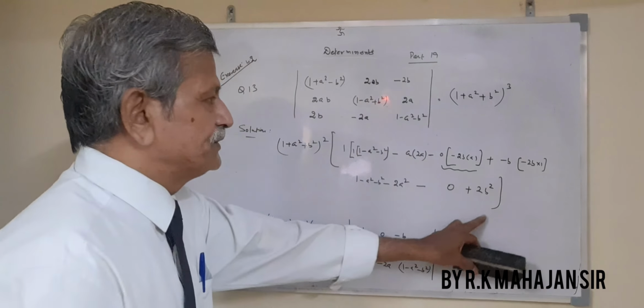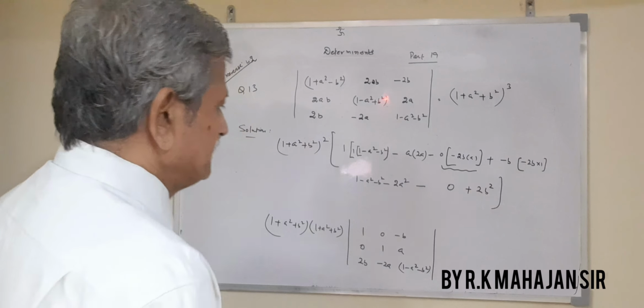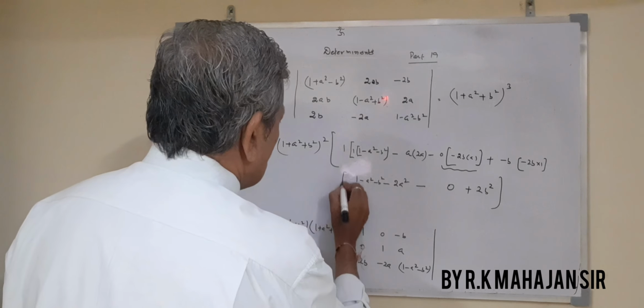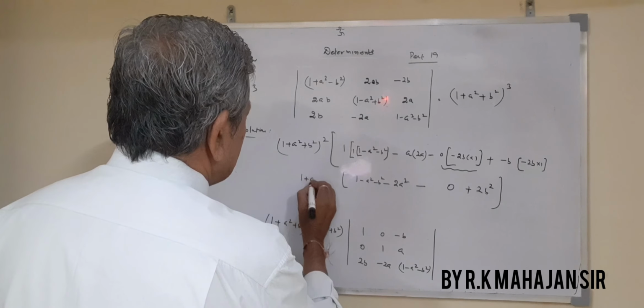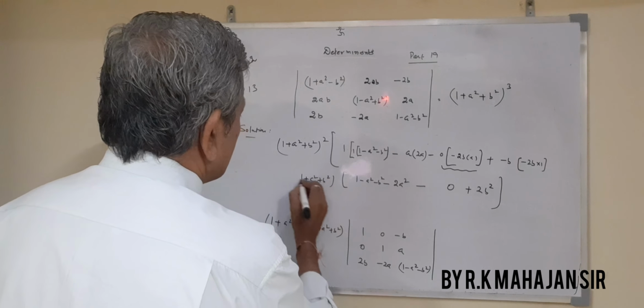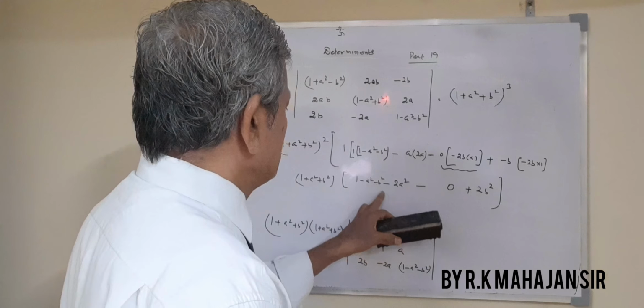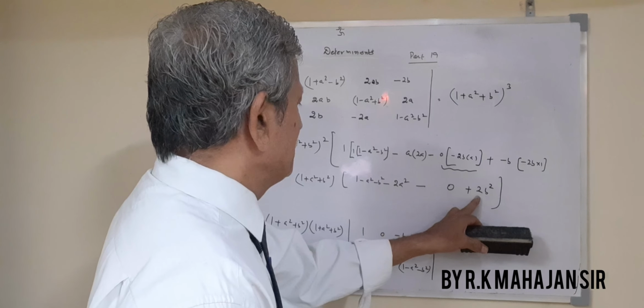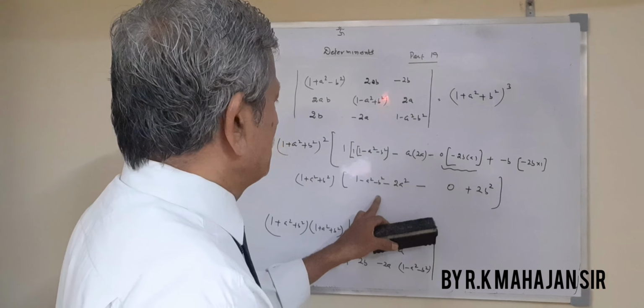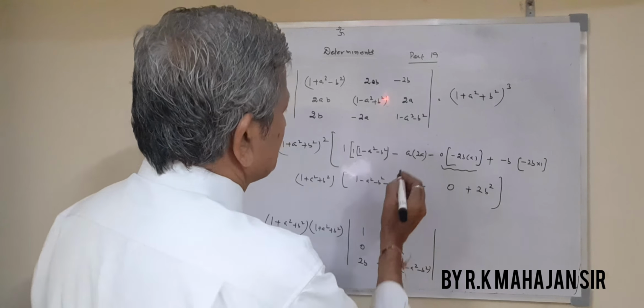Only left with 2b square. Minus minus plus sign. So if you can see, opening this part, this is 1 plus a square plus b square. And now if you open this part, 2b square goes off, this is with minus sign.